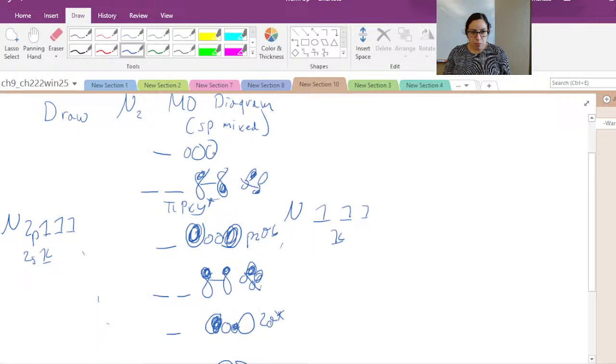So we said that's a really bad combination. It would not be favorable to have an antibonding orbital where they are occupying that middle, just like we saw with helium. So obviously that would be why diatomic neon does not exist.